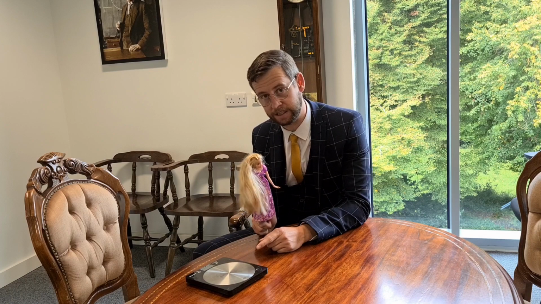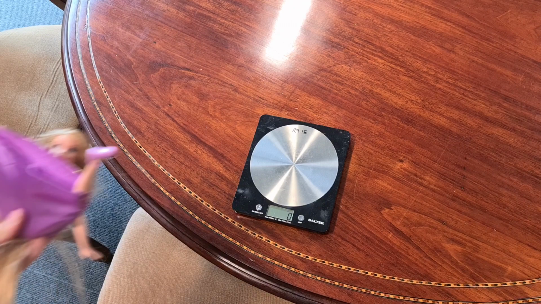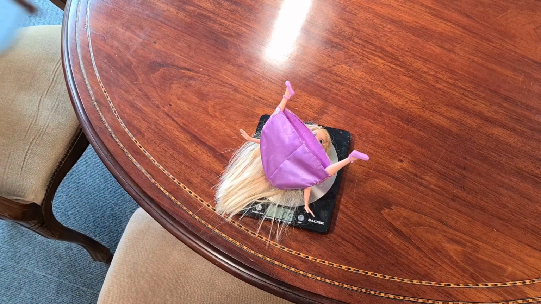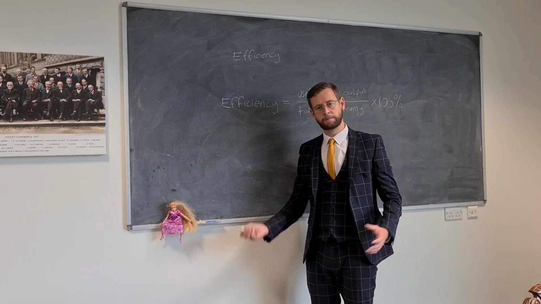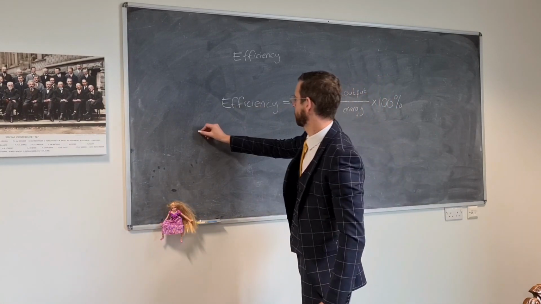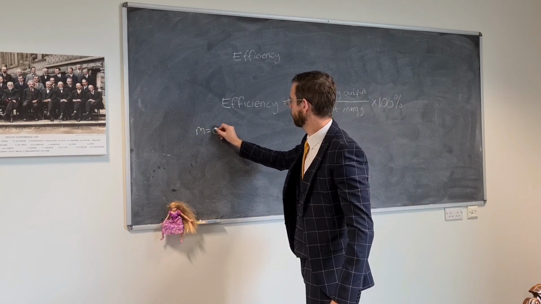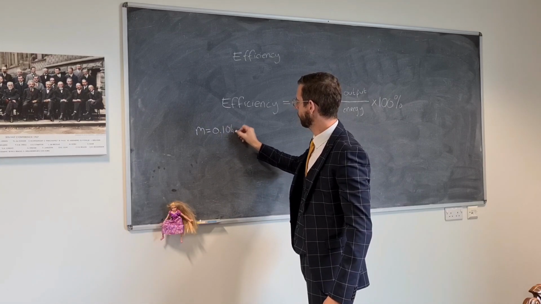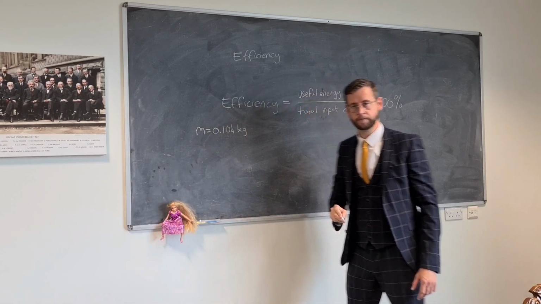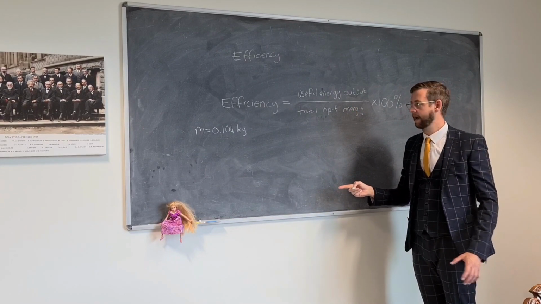For the sake of this investigation, she's fine with it. 104 grams. So before we go any further, we need to record her mass somewhere for later. So we'll put it here. 104 grams, which is 0.104 kilograms.